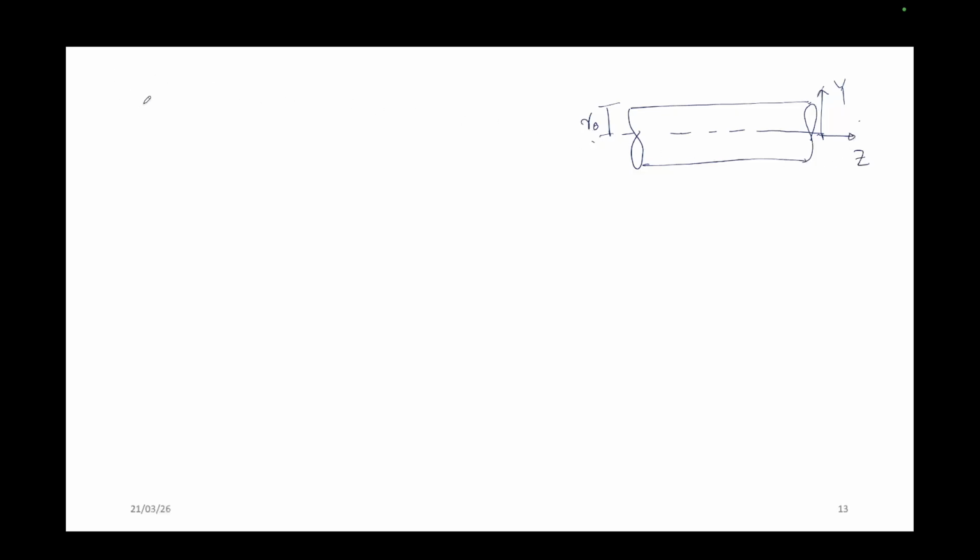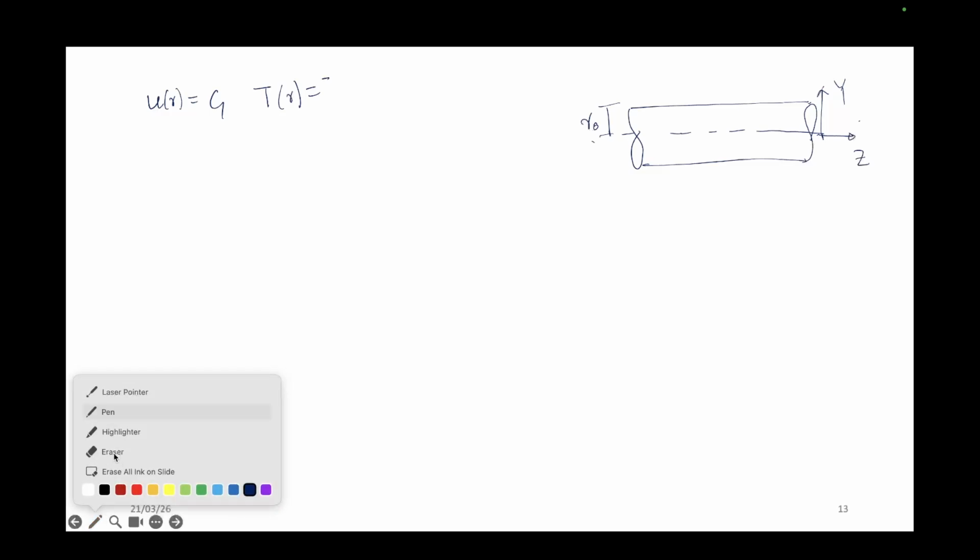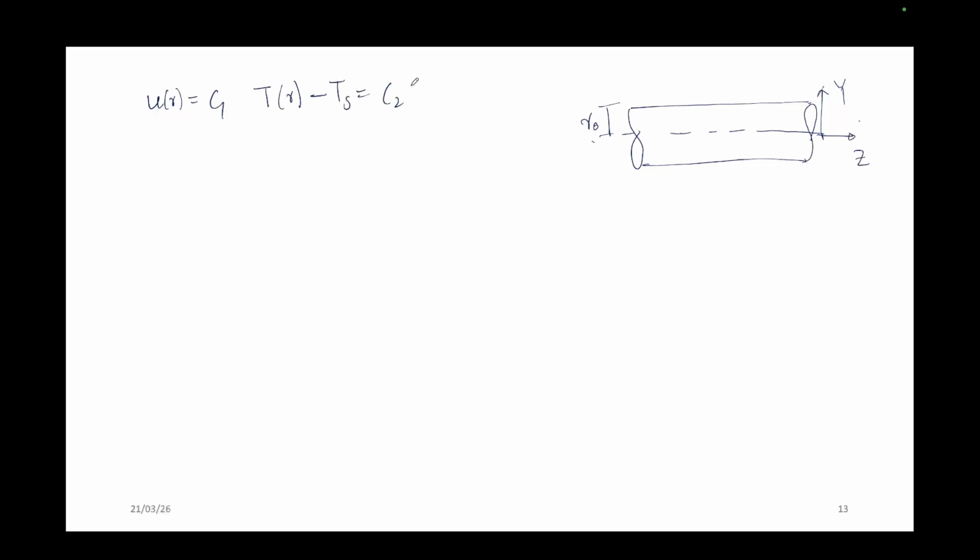In this question, u_r is given. u_r means the velocity profile is given as c1, and the temperature profile is also given: Ts is c2 times 1 minus r by r naught whole squared.